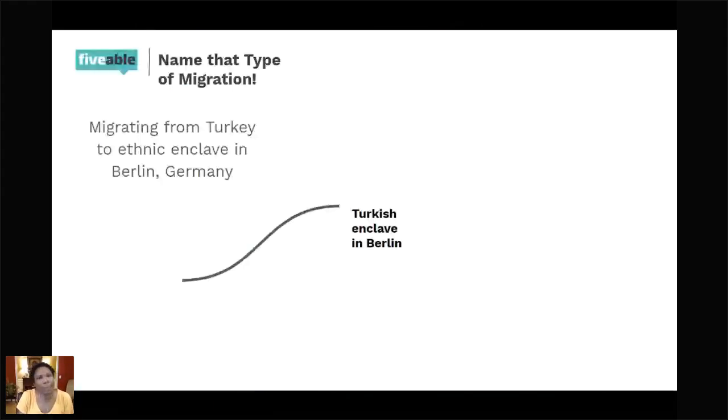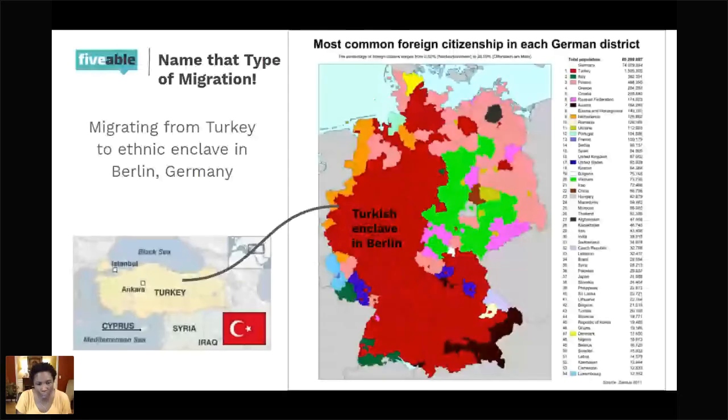All right, let's take a look at this. I want you to name that type of migration. So migrating from Turkey to an ethnic enclave, that's something you'll get to in your political unit, to an ethnic enclave in Berlin, Germany. Make sure you take a look. I know you probably can't see it that well, but each of these colors represents a different ethnic group that has moved to Germany.